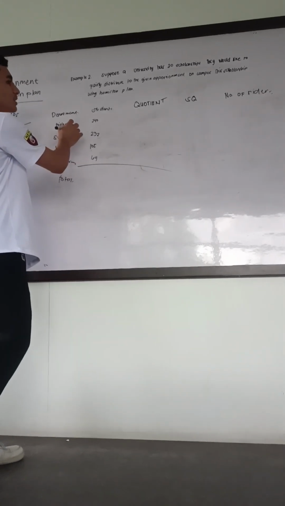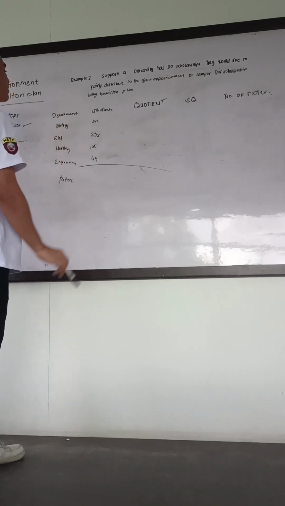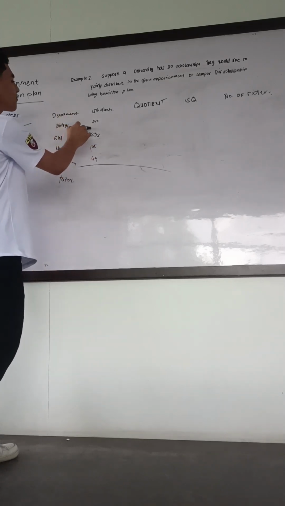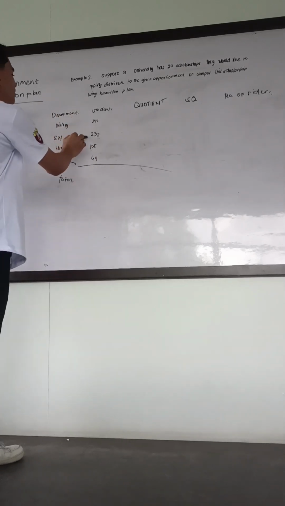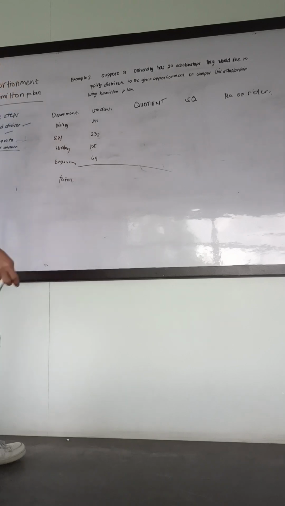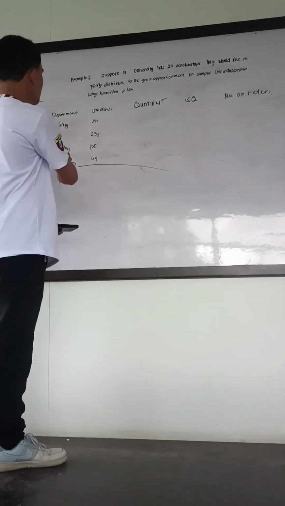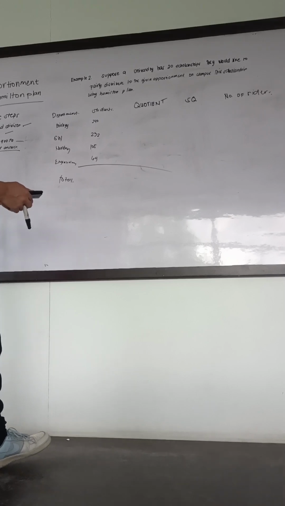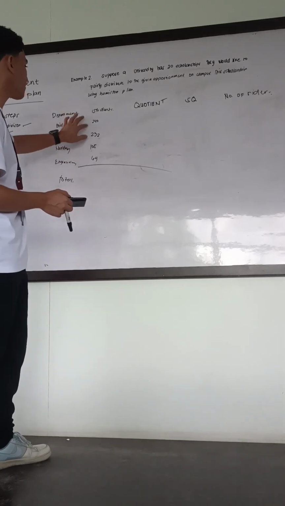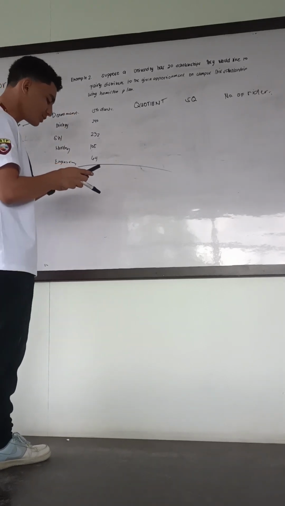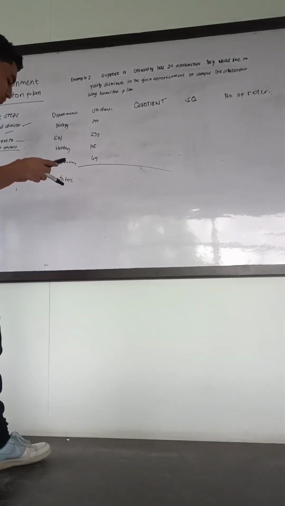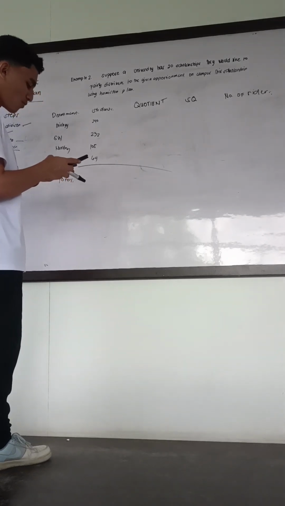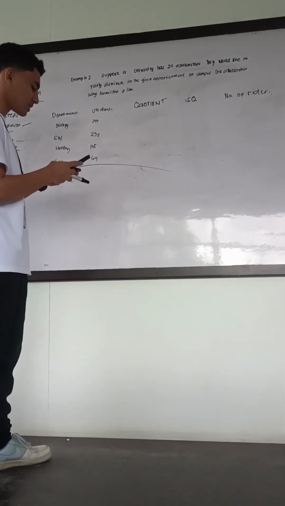Each department has 240 students for biology, 232 for social work, 105 for nursing, and 64 for engineering. So we must compute the total number of students. So 240 plus 232 plus 105 plus 64.